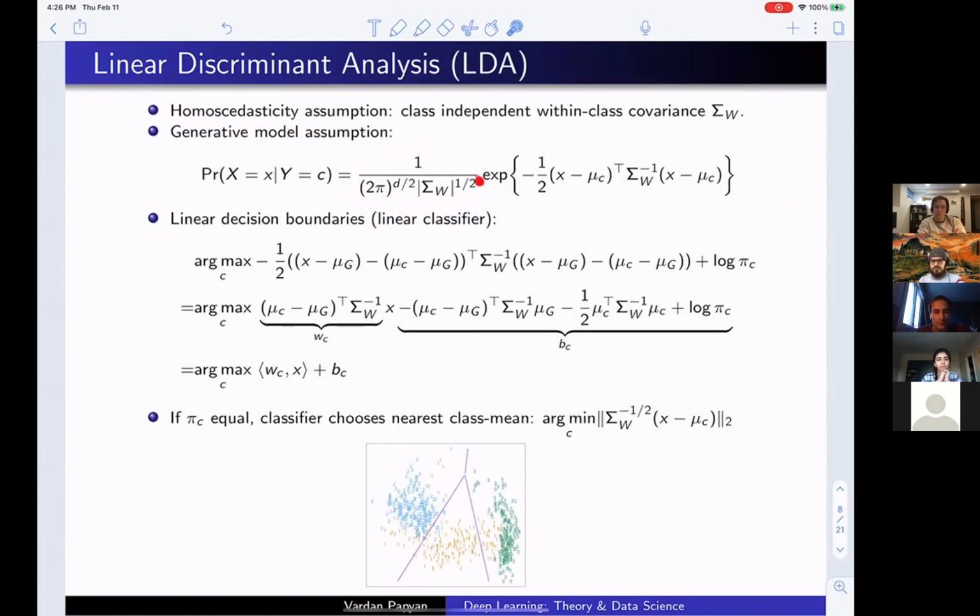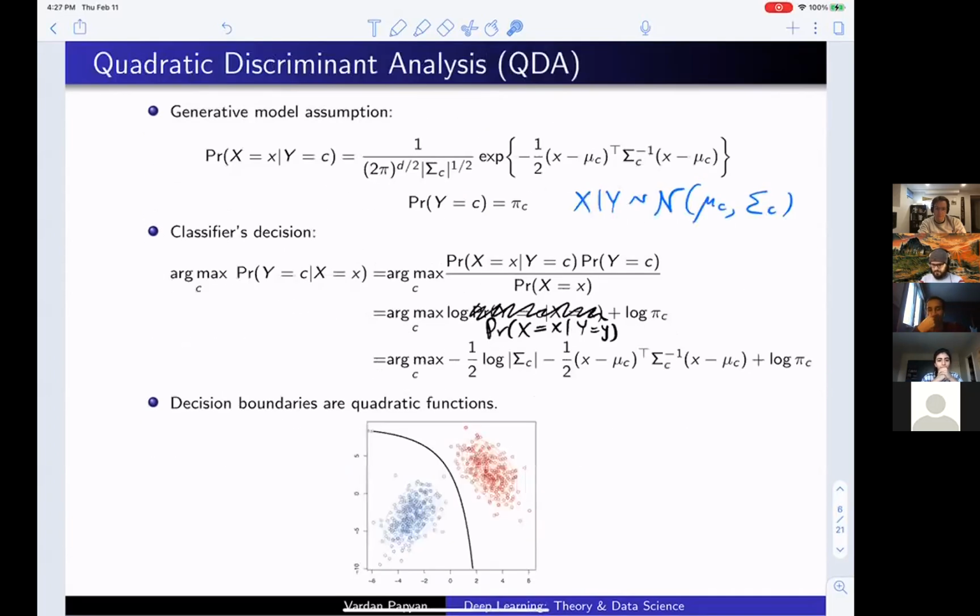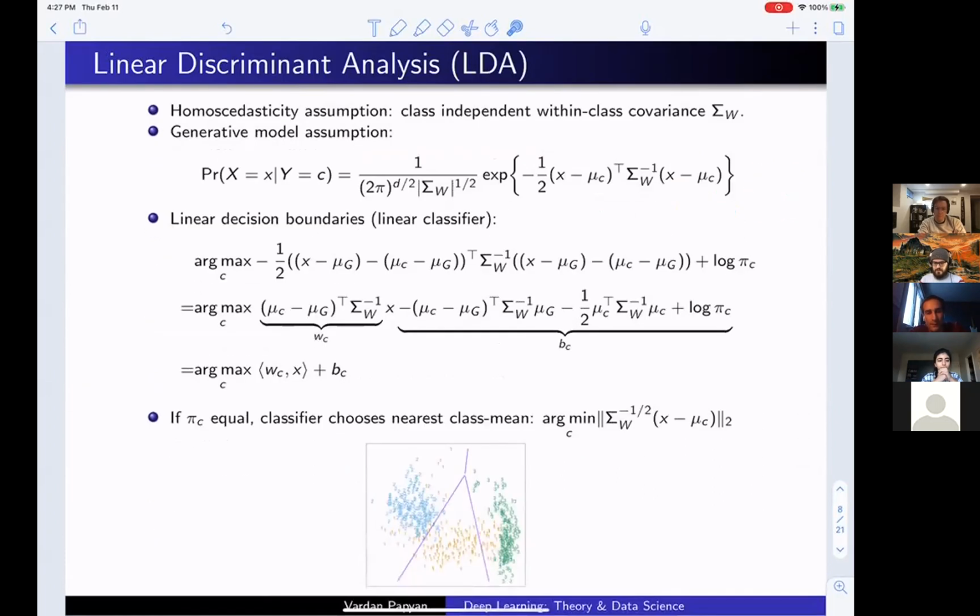And so this thing does not appear once you look at the argmax. So if you're looking at the most probable class, this quantity is no longer relevant. Previously, it was relevant, right? Where is it? You see here, previously we had this log determinant, but now we don't have it.